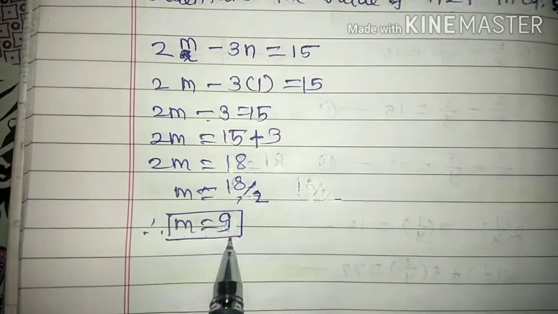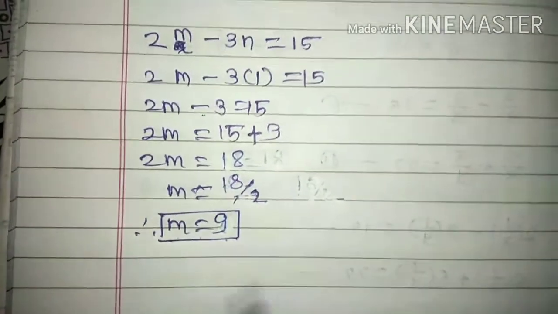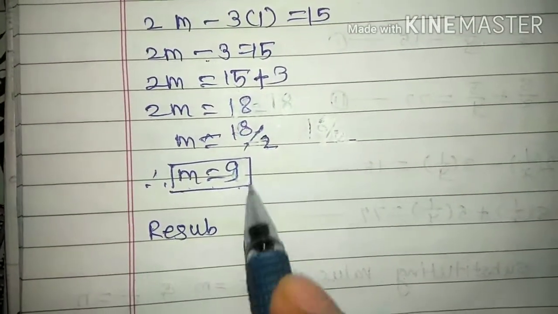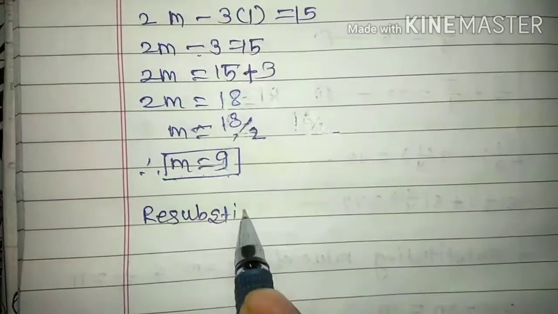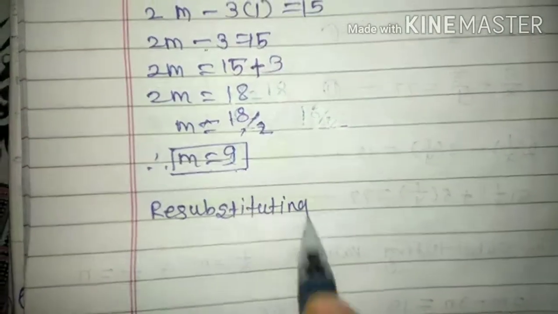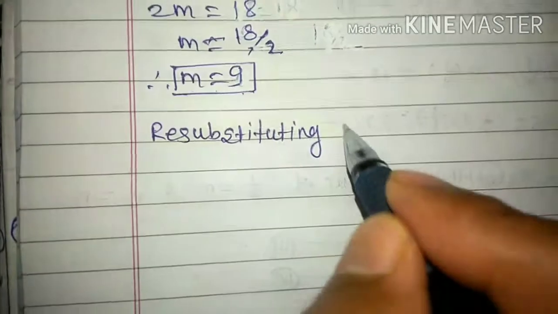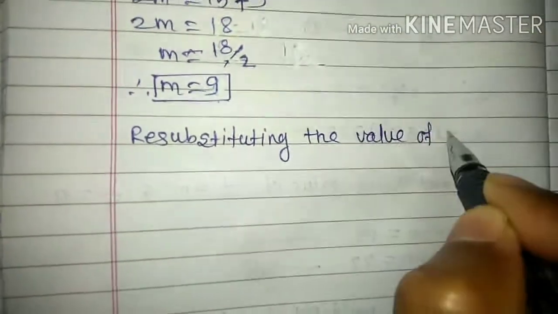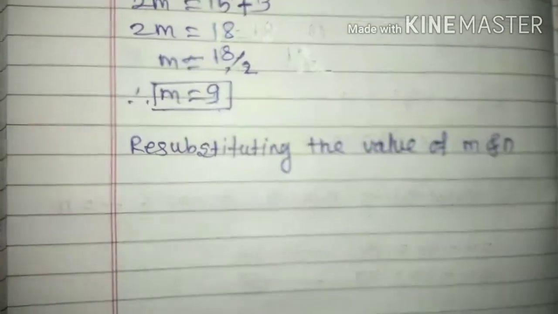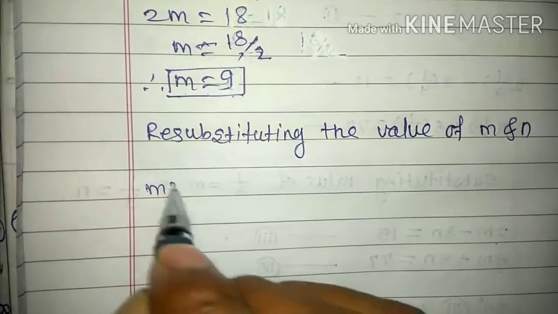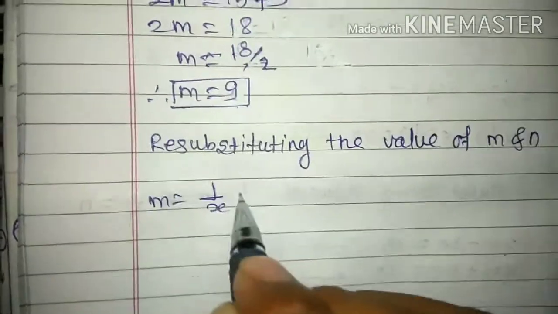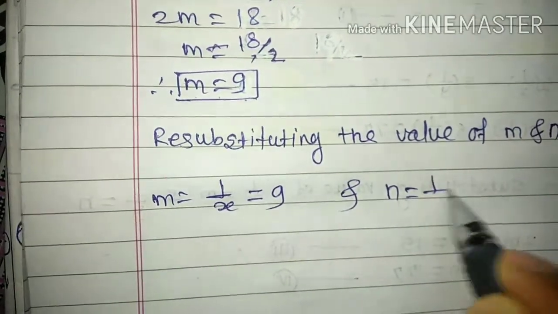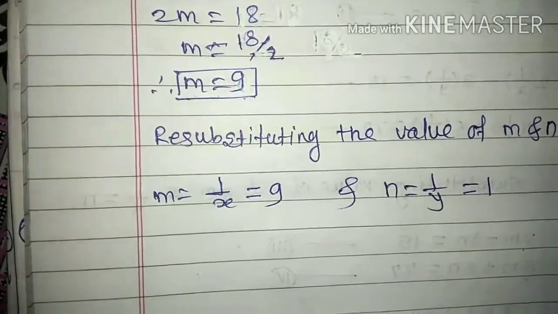And then resubstituting the values of m and n, m is equal to 1 upon x is equal to 9 and n is equal to 1 upon y is equal to 1.